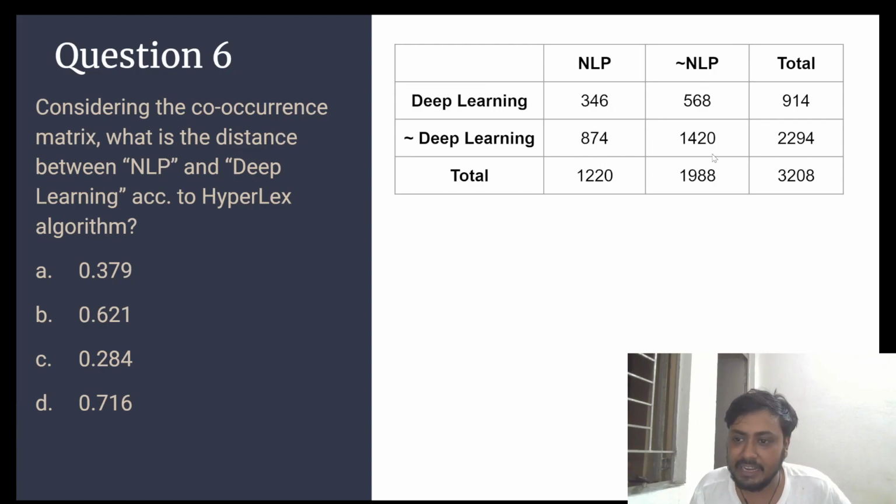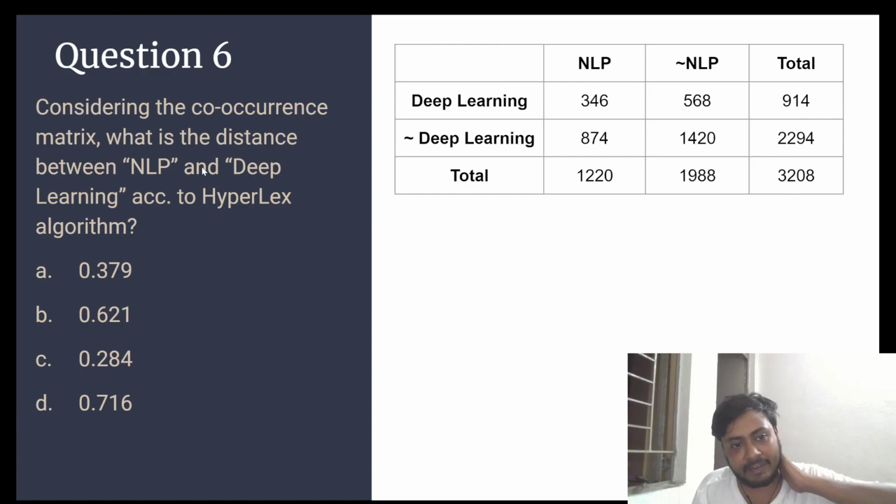Similarly, there are a total of 2294 situations where deep learning does not occur, and out of them 874 times NLP does occur, and 1420 is where none of them are occurring. The totals are written along all the axes.